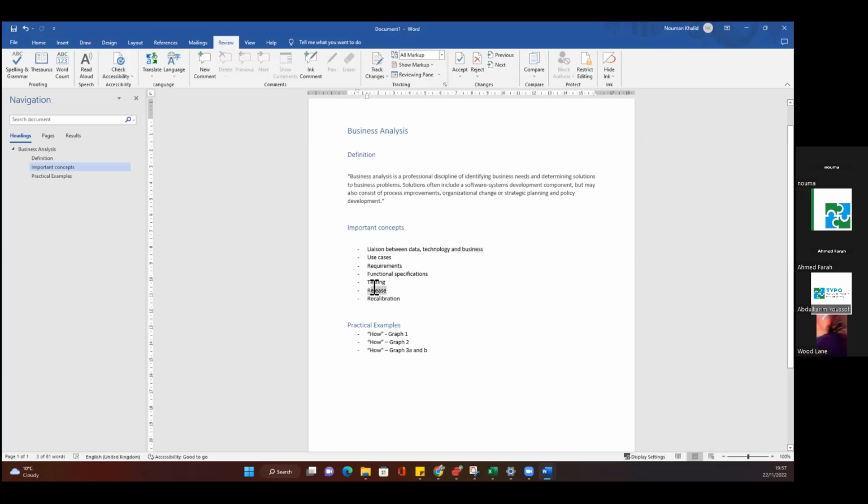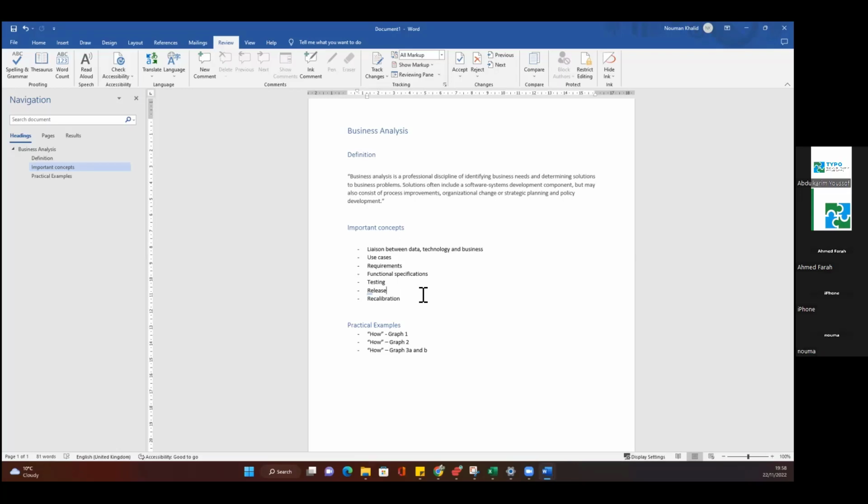So when there's a release, i.e. the system has been upgraded or there are some enhancements to the underlying system that the organization is using, then there will be data that needs to be linked to that, or new data that will be created, or existing data that's going to be enhanced, and then technology will also be enhanced, and then the business will have operational aspects related to that that need to be adhered to as well.